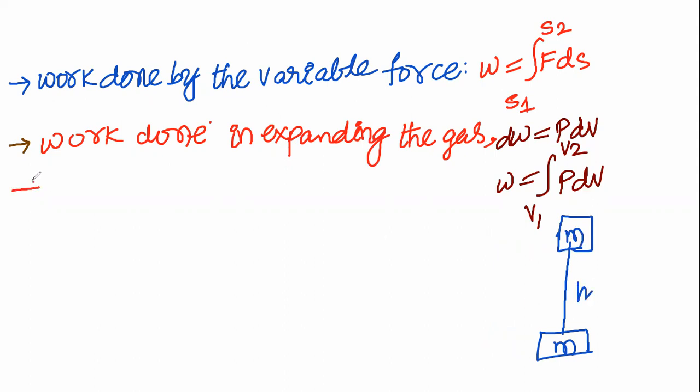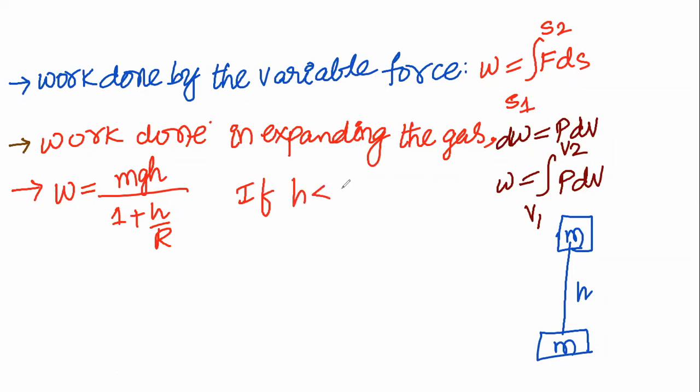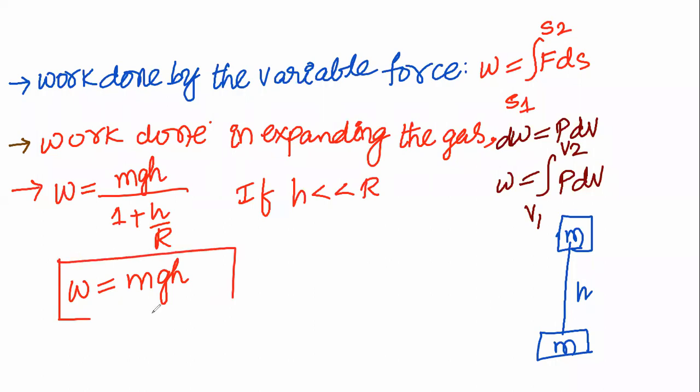Then the work done is W equal to mgh divided by (1 plus h divided by R). And if the height is much less than the radius of the earth, in such case we will take work done equal to mgh. Work done in lifting a block of mass m to a height h is mgh.